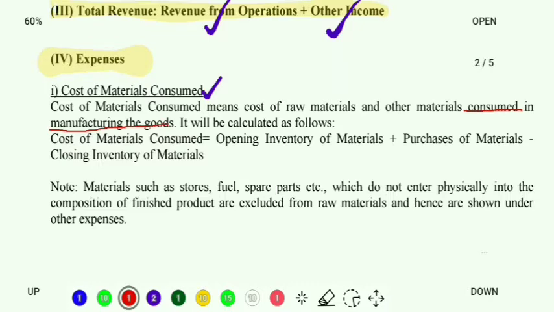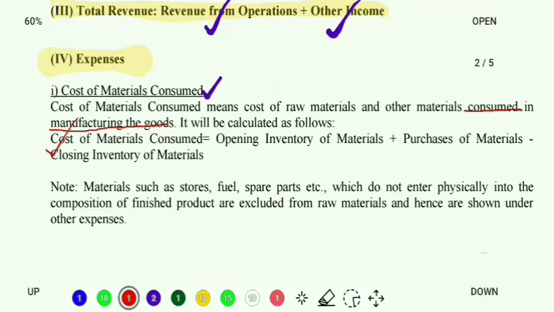Very simple. Now for calculation of cost of material consumed, we have a formula. What is the formula? Let's have a look. Cost of material consumed is equal to opening inventory of materials plus purchases of materials minus closing inventory of materials.